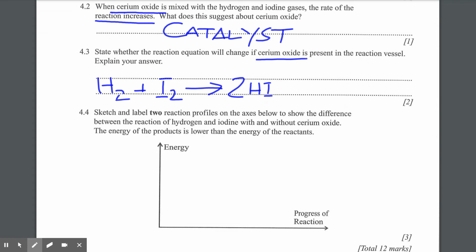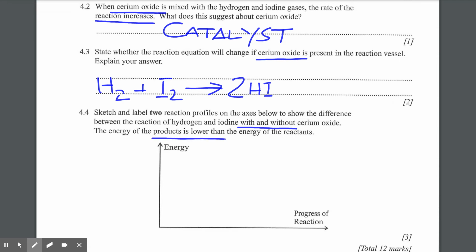Now, we have energy profiles of that situation, and we are again using hydrogen and iodine, and we've been asked to do it with and without cerium oxide. So we're going to be asked to do two energy profiles, and we are specifically told that the energy of the products is lower than the energy of the reactants.